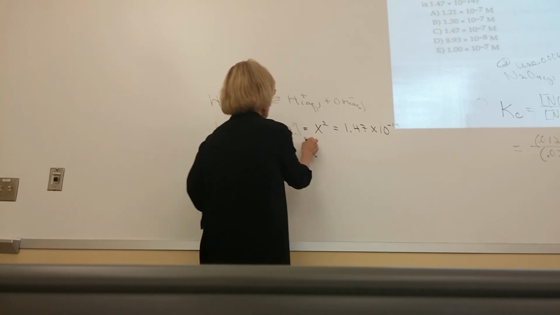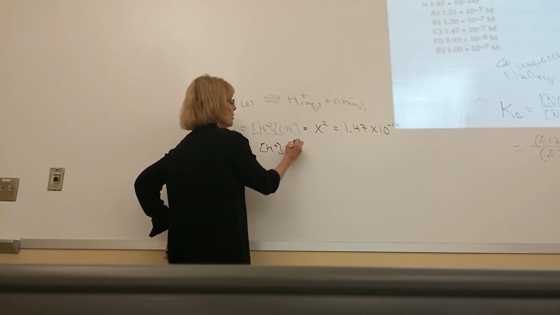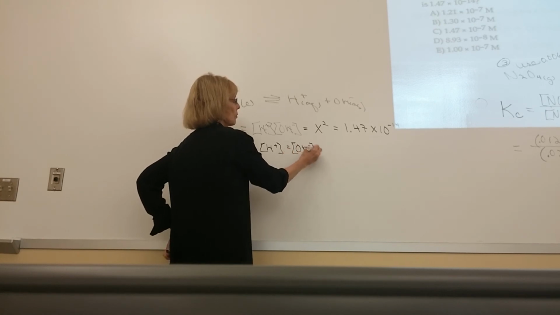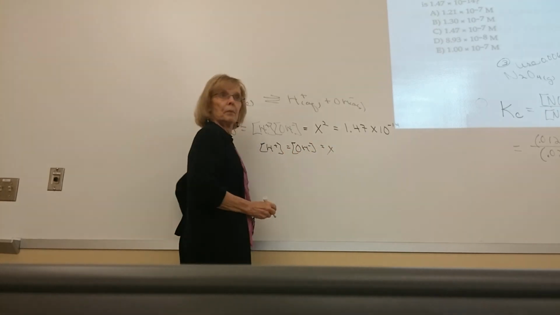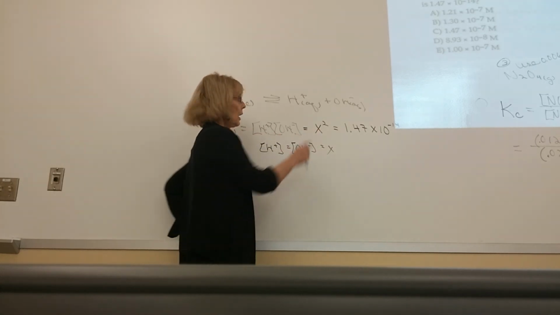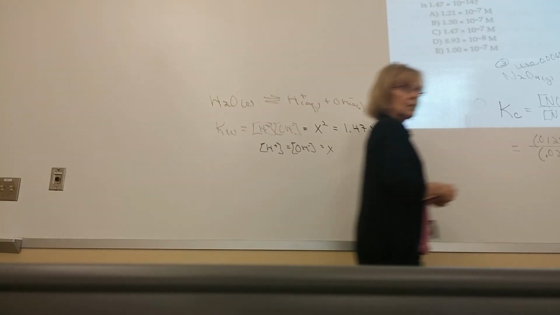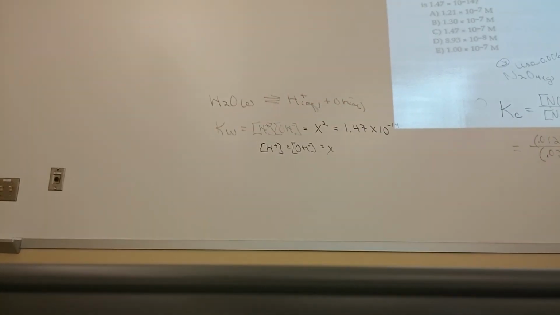Okay, so if it's pure water, this is understood. We'll let that be x, and we know we can have an x because we know the K. And so we're going to take the square root of both sides, and that's going to give us hydroxide, hydrogen ion. And when you do that, what did you get? A. Okay.